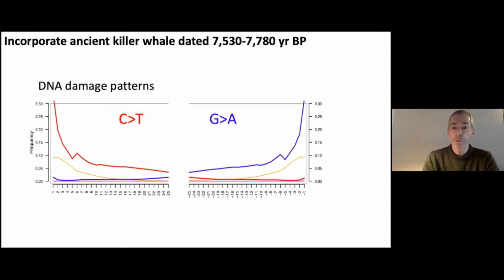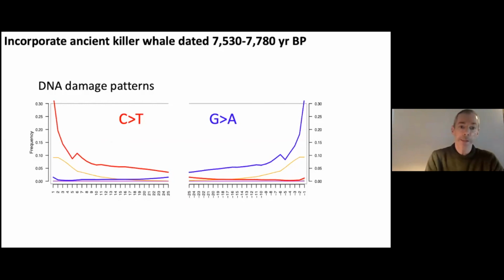Now, the ancient sample also shows these characteristic damage patterns. So when we're working with ancient DNA, we typically get a DNA sequence that's different from the true DNA sequence, because different chemical processes change that sequence through time. So deamination, for example, changes cytosine to uracil. And the sequencer can't read uracil, so it interprets that as thymine.